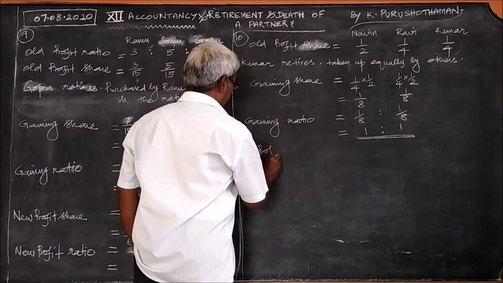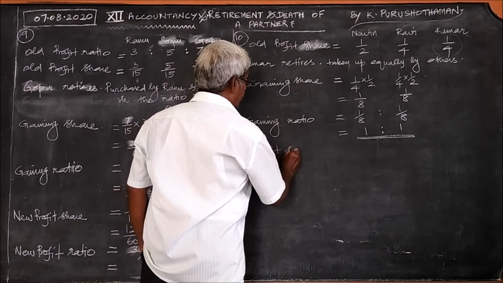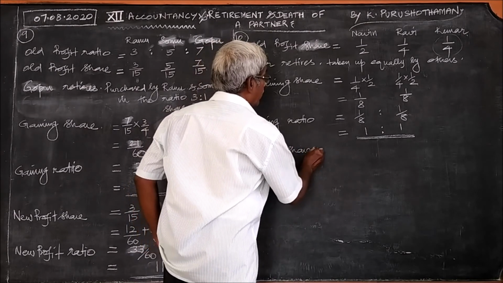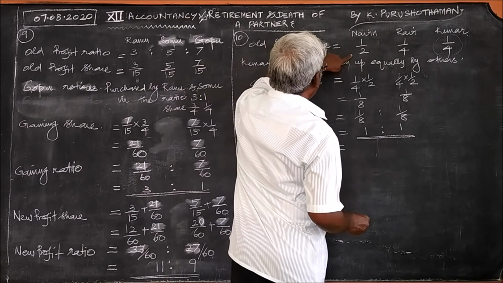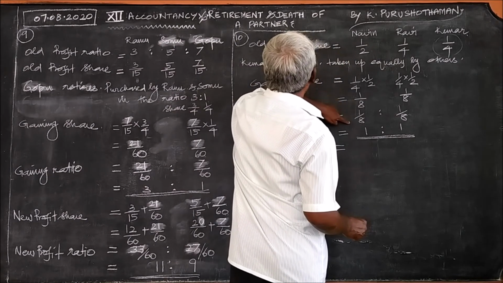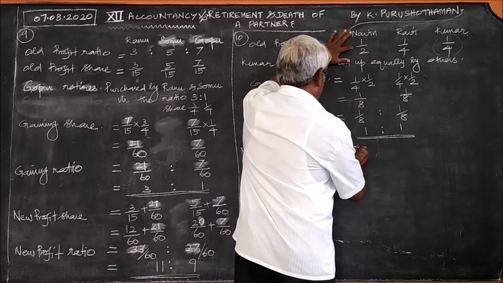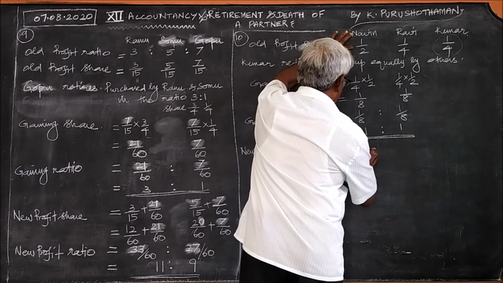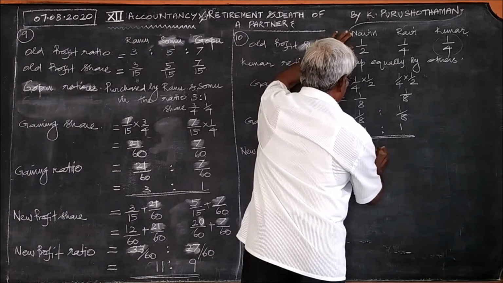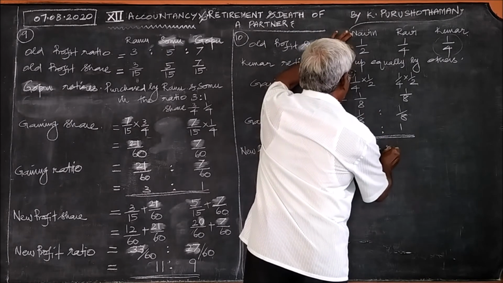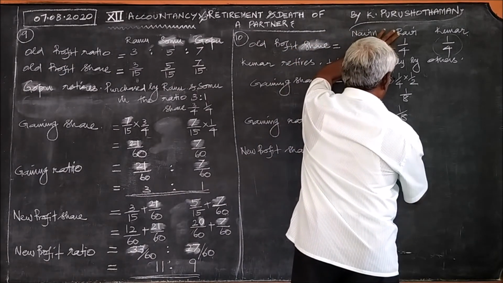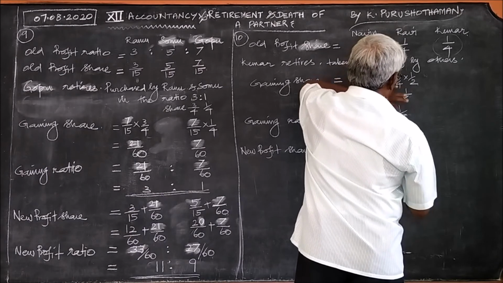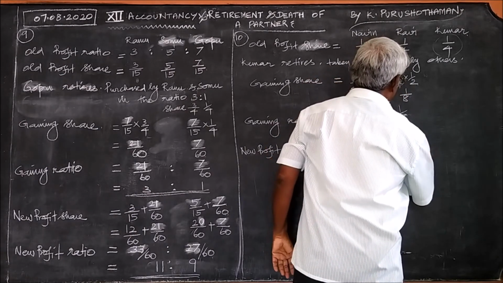New profit share is equal to old share plus gaining share. Old share 1 by 4 plus gaining share 1 by 8.